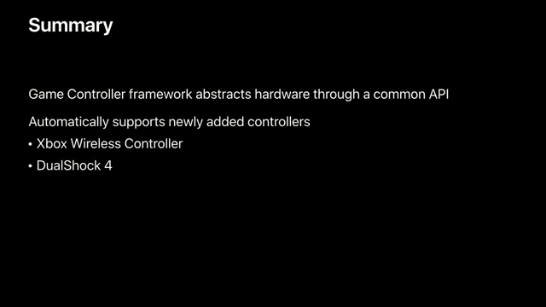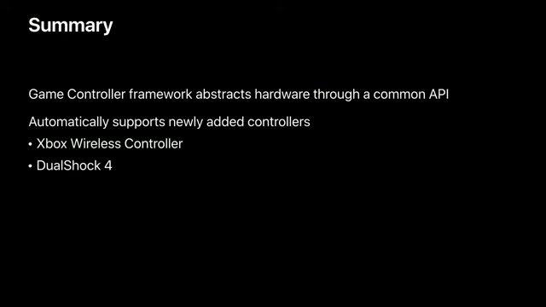So let's summarize what we've discussed in this video. The Game Controller framework abstracts hardware through a common API, letting you write your code once, without having to worry about the low-level differences between controller models. This has the great benefit of allowing your game to automatically support newly added controllers, such as the Xbox Wireless and the DualShock 4 controllers.